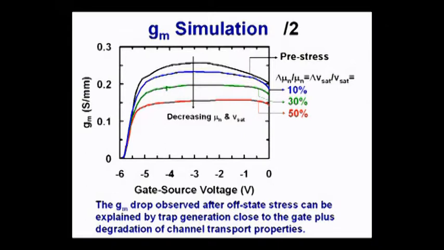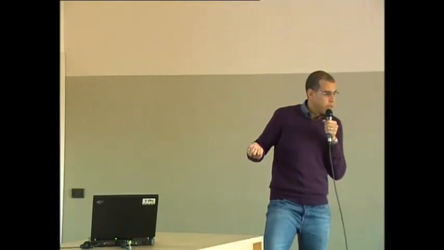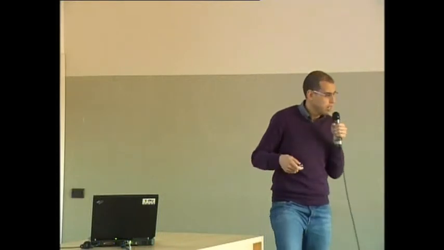This is similar to what we have obtained for GM after off-state stress. So we can conclude that in the case of off-state stress, strain enhancement by vertical electric field is likely to play a major role.